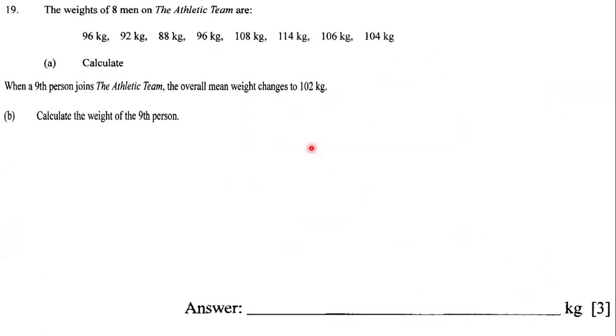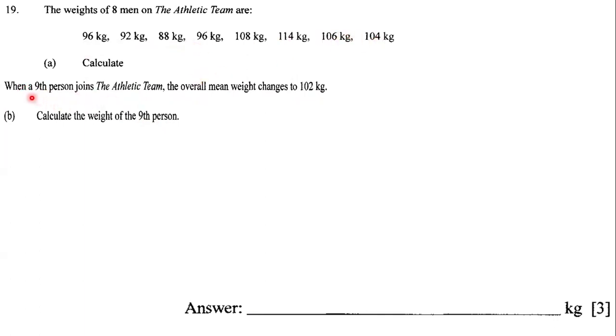Next, this is part B, we have to determine: when a 9th person joins the athletic team, the overall mean weight changes to 102 kilograms. Calculate the weight of the 9th person. So first we had 8 persons.